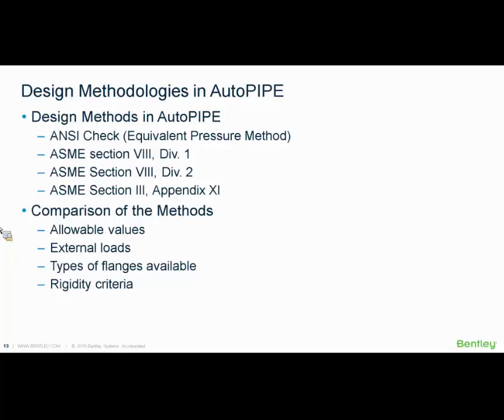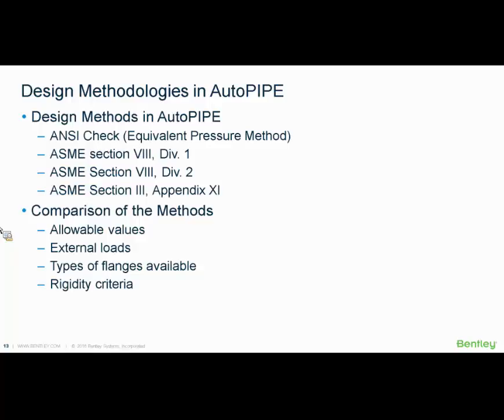The ANSI flange loading check essentially involves determining the effective pressure as we have mentioned earlier, and then we can compare it with the allowable pressure in table 2 of ASME B16.5 and B16.47.